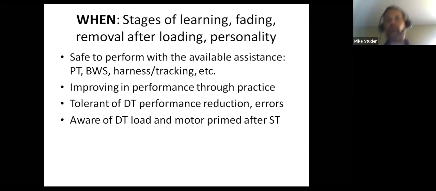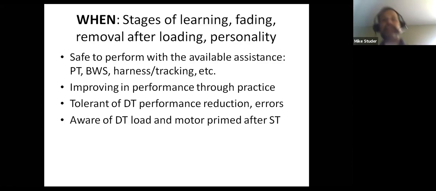So we want the patient to be able to recognize some of what is happening from a sequencing standpoint in gait or even in ADLs. Some of the self-awareness capacities that come into recognizing a loss of balance. And so we're looking at emergent awareness.